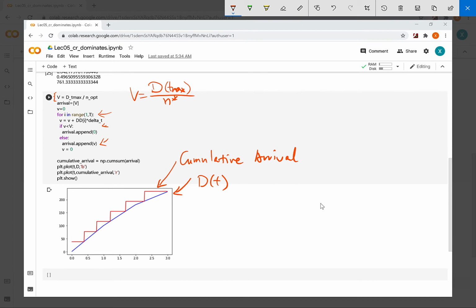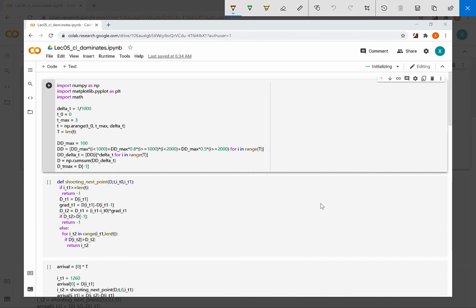Keep doing this, and we can generate this exact plot for the cumulative arrival. So the most difficult one, or the reason why we need to use coding, is to solve the routing method. So here, we still generate our demand as we expect. The only difference is we further consider a finer resolution to provide a more accurate result.